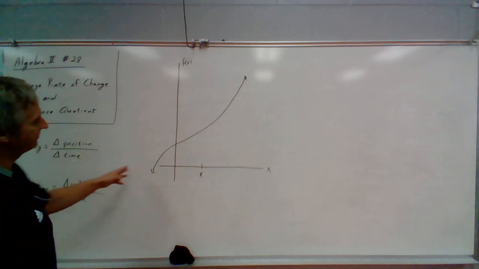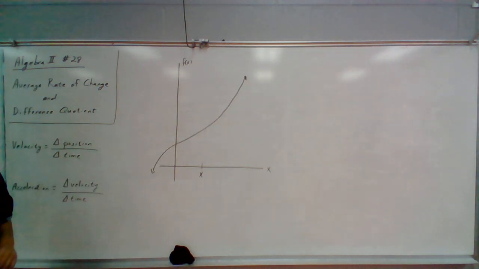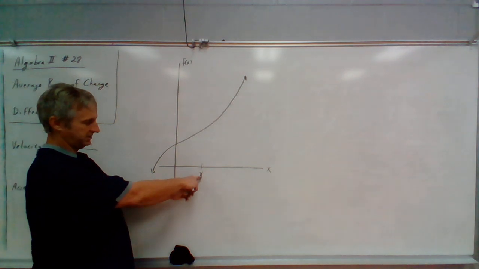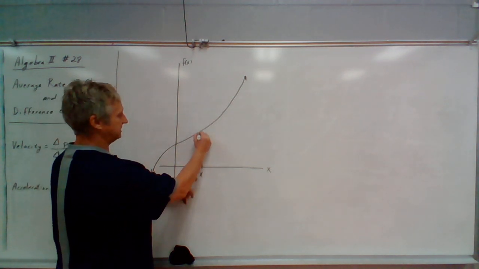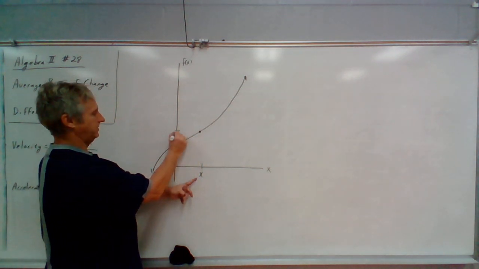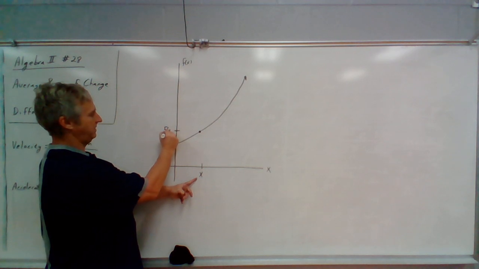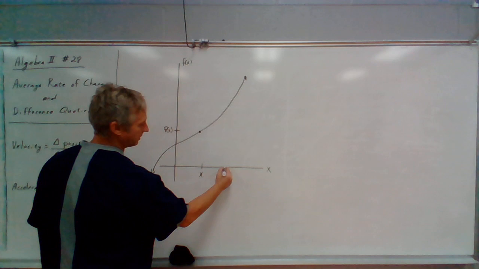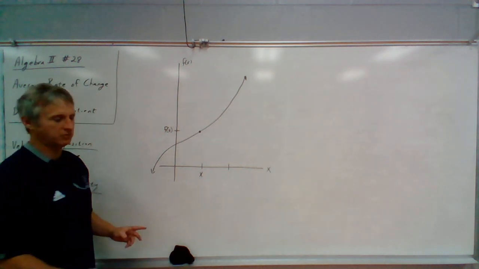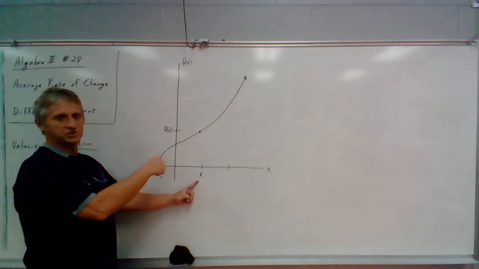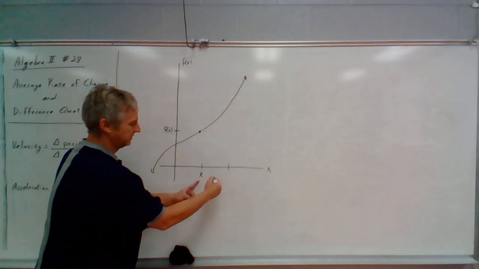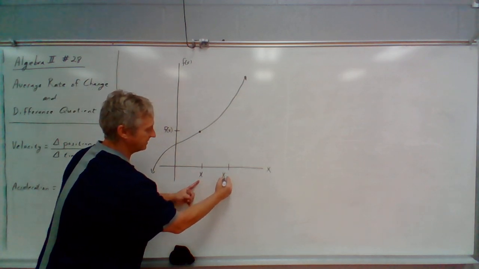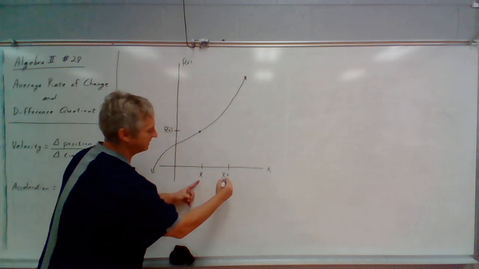All right, let's suppose we have this just random function f. Let's say that this is point x here. So if this is x, then of course this would be f of x. All right, let's scoot out just a little bit. So let's make this be x plus some little bitty number.